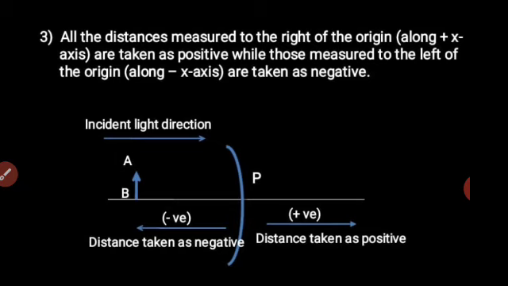Now, if you have to measure the image distance in that case, then we will be going from pole to the right hand side because the image is on the right hand side. Thus, image distance there will be positive. Say the image is formed at 10 cm from the mirror, then we shall write image distance is equal to plus 10 cm.